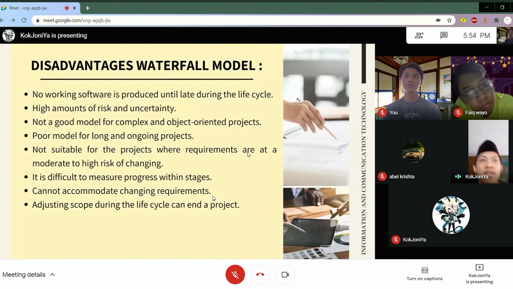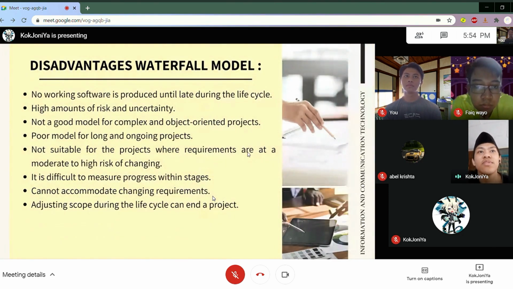Next are the disadvantages of the waterfall model. First, no working software is produced until late in the life cycle. Second, high amount of risk and uncertainty. Third, not a good model for complex and object-oriented projects. Fourth, a poor model for long and ongoing projects.